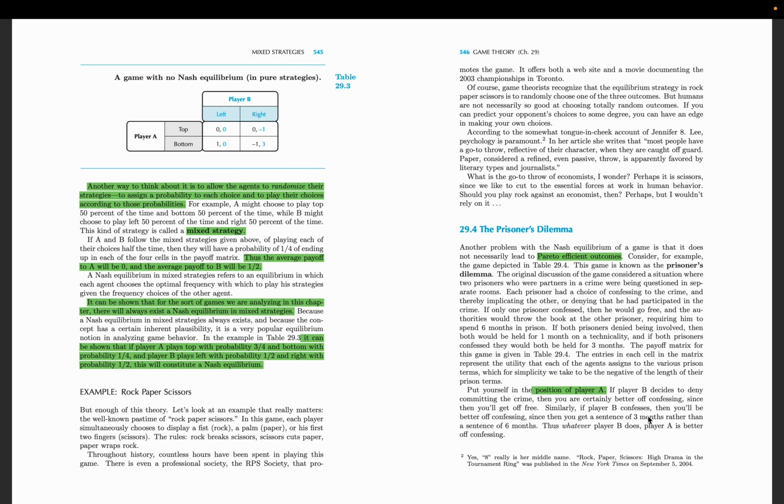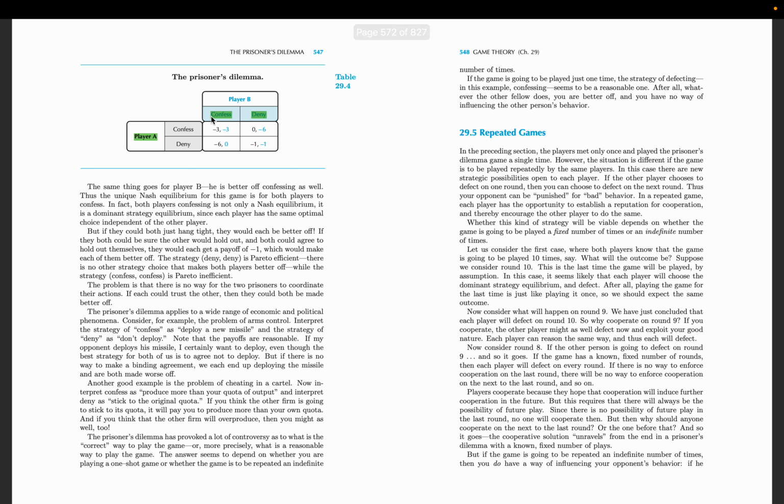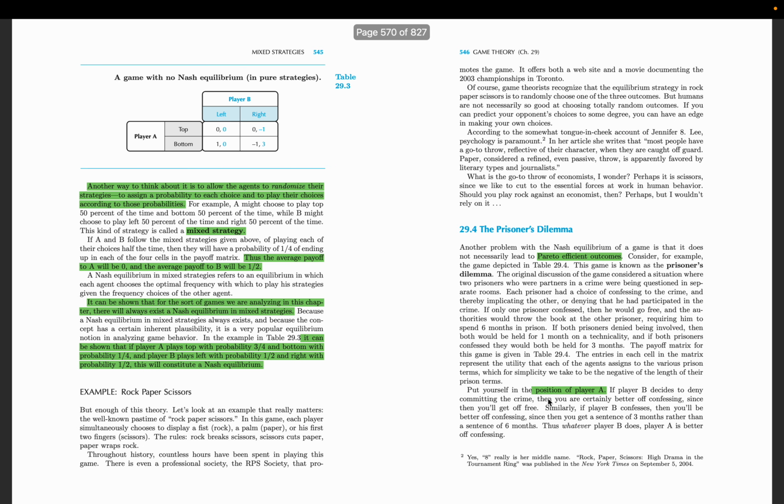Similarly, if B confesses, then you will be better off confessing, since then you get a sentence of 3 months rather than 6 months. This is what we discussed initially. So what player A has to do in case B is confessing is that he must confess as well. Whatever B plays, A is better off confessing.